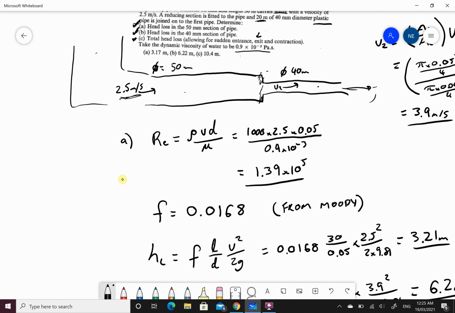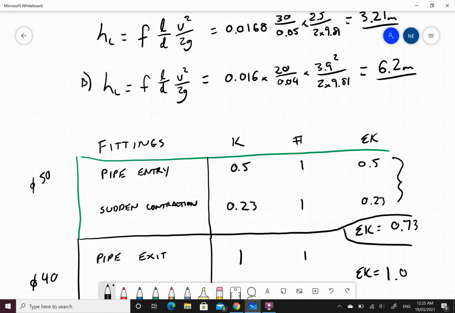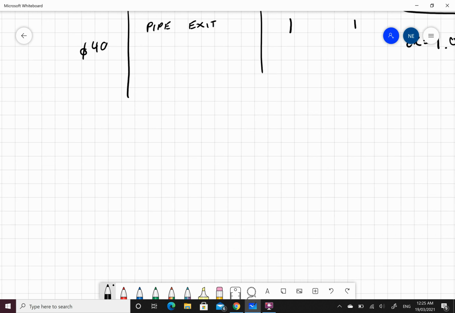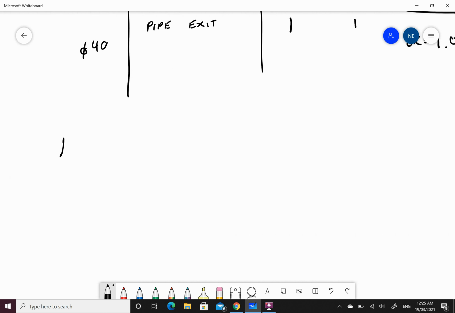Loss due to friction in pipe 1 plus the loss due to friction in pipe 2 plus the loss due to any fittings through here. Alright, so let's go through and do that. So for my head loss due to fittings, still looking at my 50mm diameter pipe, the losses in this is K V squared on 2G.